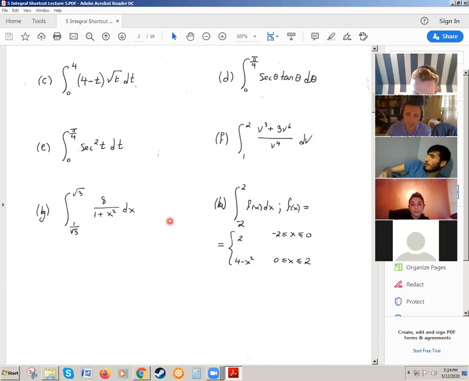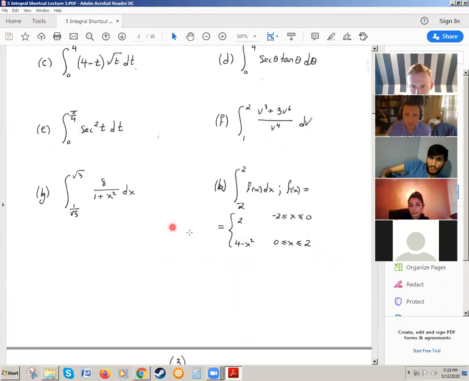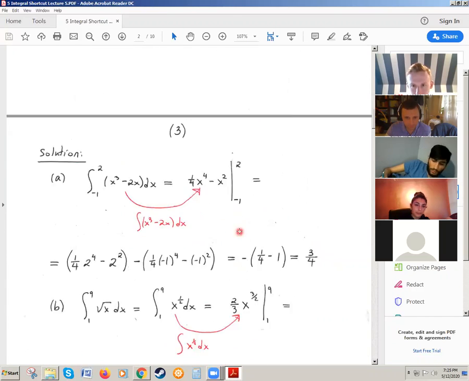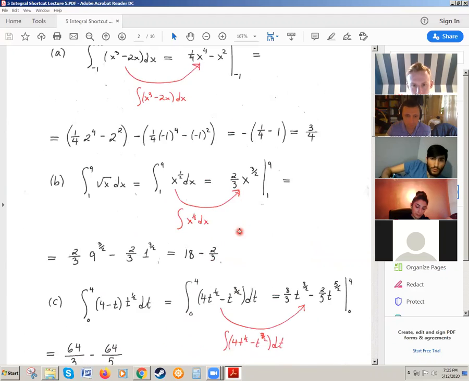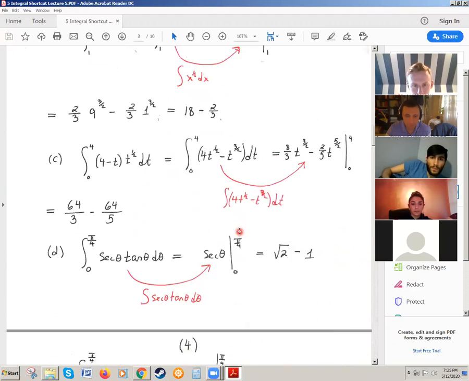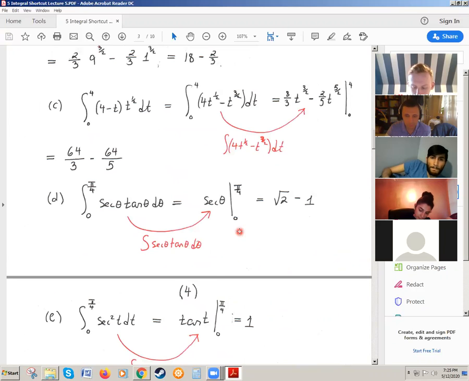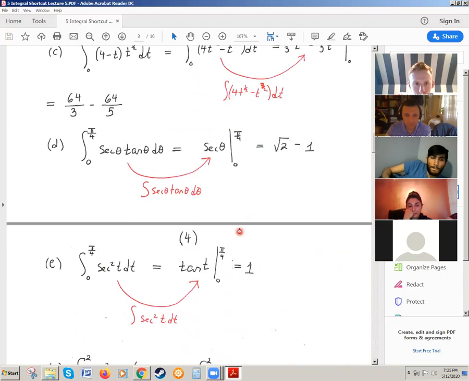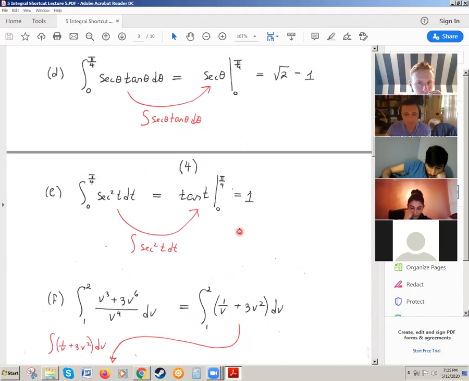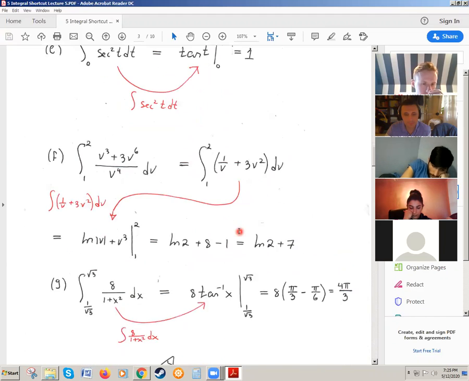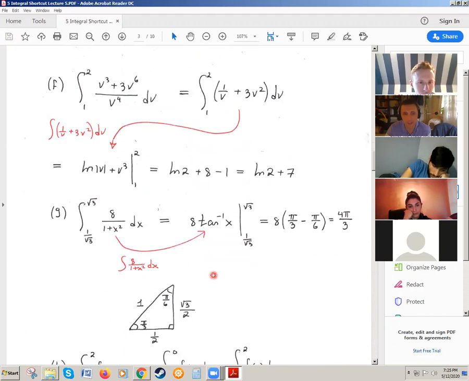Abdul, 8 tan inverse, correct. All right, so the answer is simply integrate to tan inverse, and then you have tan inverse evaluated from 1 over root 3 to root 3.